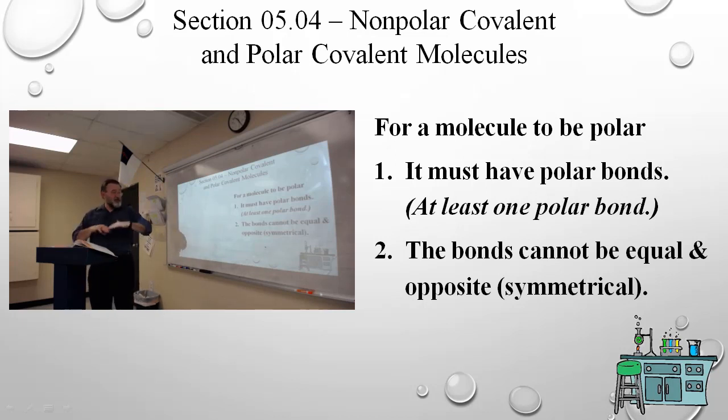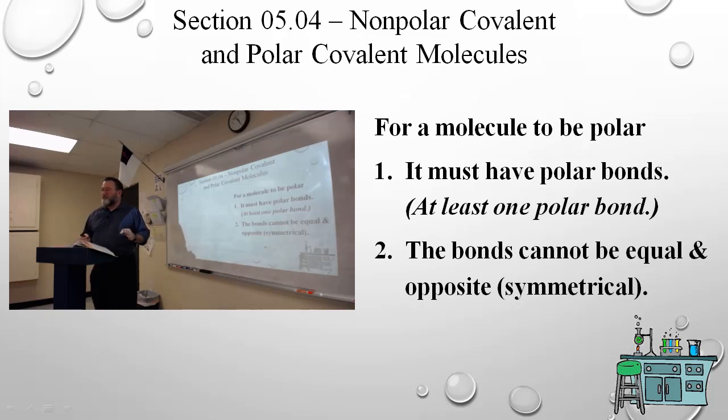So we're looking at symmetry. Okay? It cannot have symmetry. What's the word that means not symmetrical? To negate something, you add a prefix to it, don't you? It's not symmetrical, it's asymmetrical.